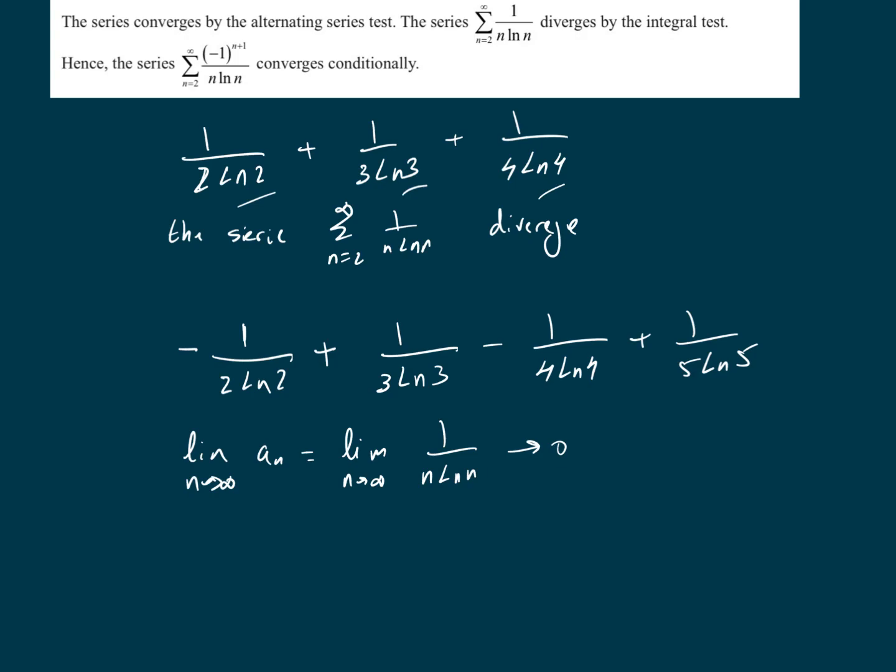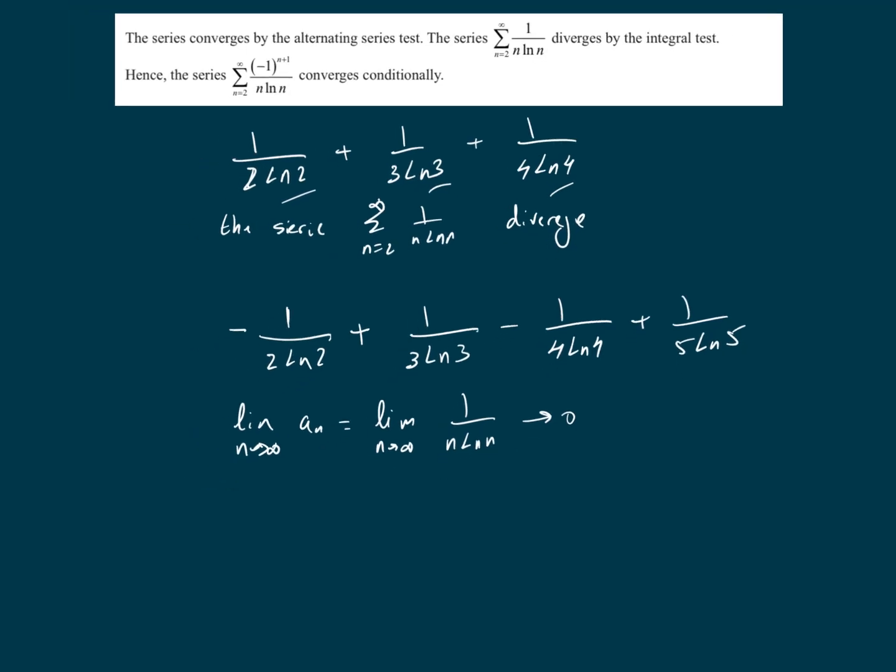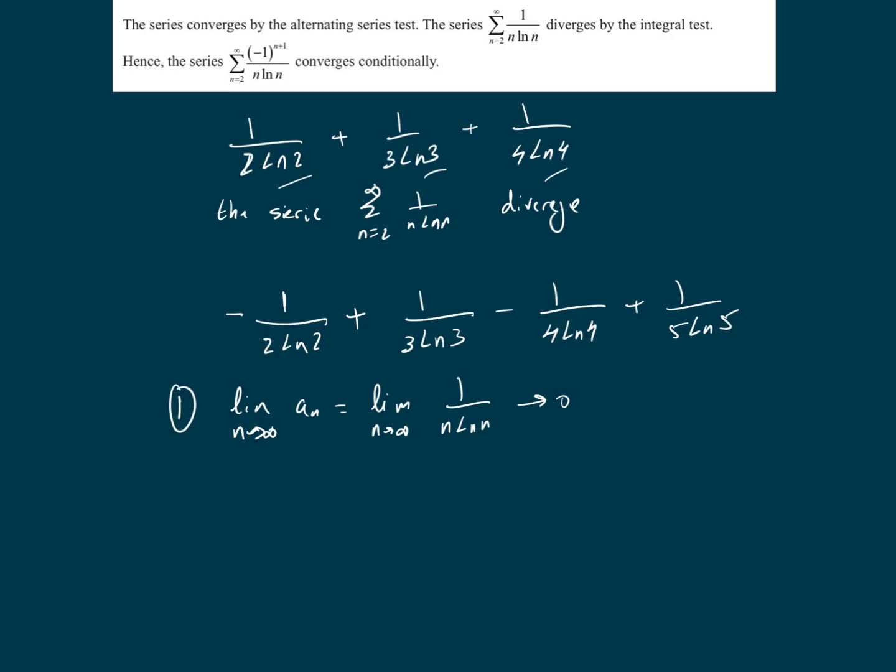The other condition that we have to meet for an alternating series to converge is the second condition: the terms of the series have to get smaller as I progress in the series.